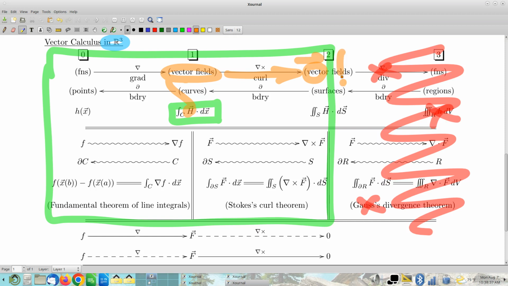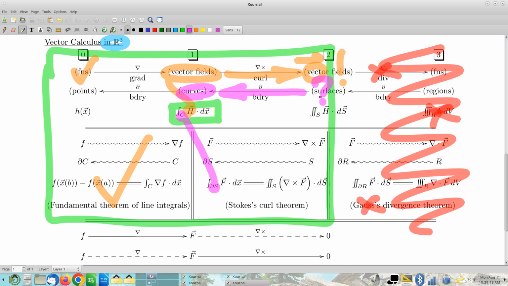Awesome. That tells me right off the bat there is an anti-gradient. Right? I can use the fundamental theorem of line integrals here. We have a good solution on the table. But before we jump in and compute that way, let's ask, what about Stokes' curl theorem? Can I use Stokes' curl theorem here? Well, in order to be able to use Stokes' curl theorem, I would need for the given curve here to be a boundary of some surface.